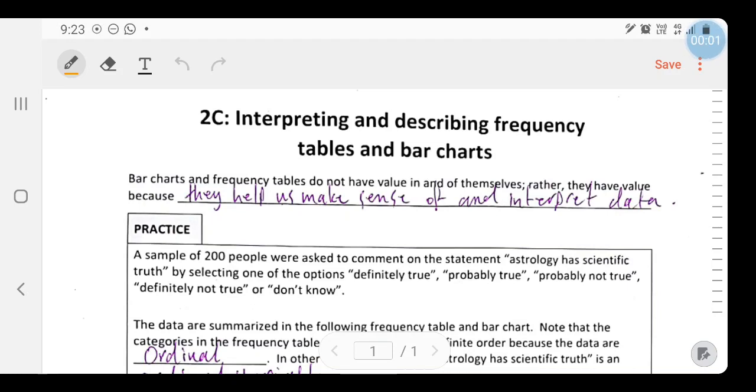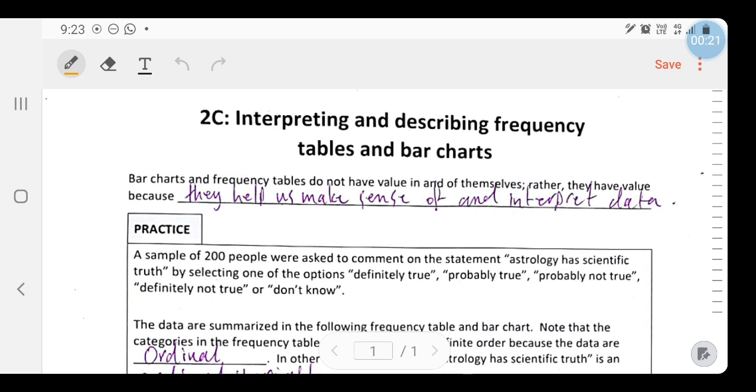G'day Year 11s. Okay, so for exercise 2B we looked at creating frequency tables as well as percentage frequency tables, and then bar charts as well as percentage frequency bar charts.